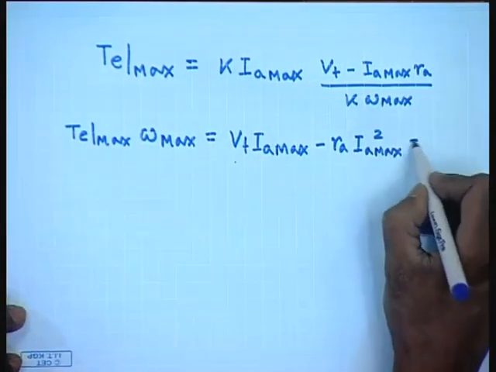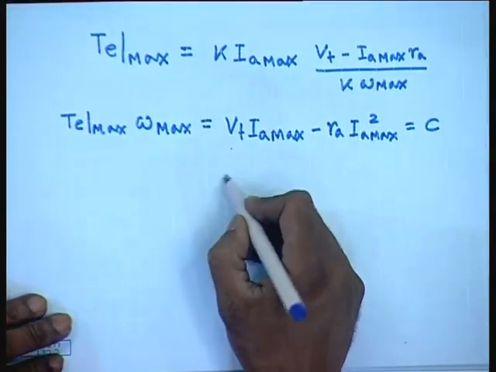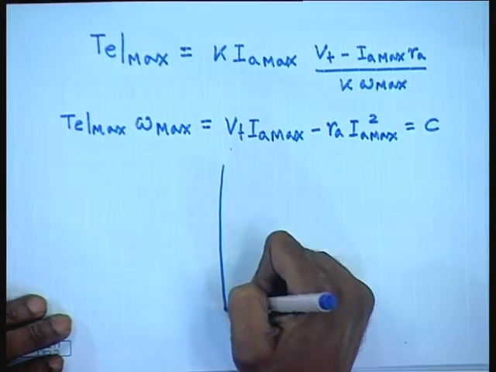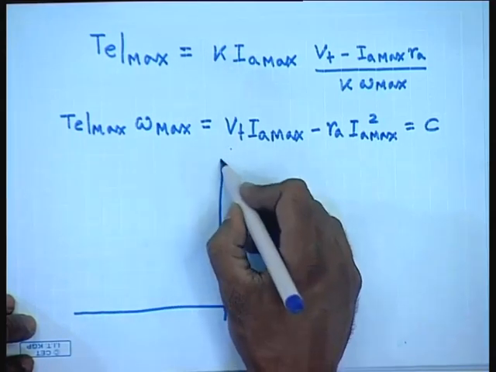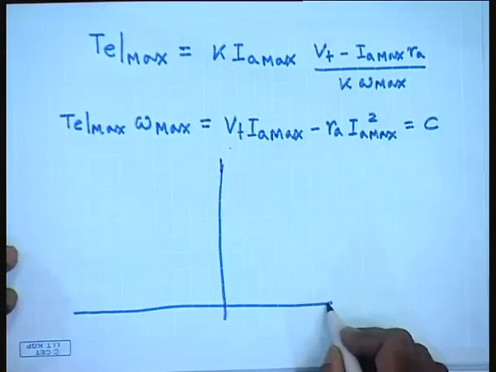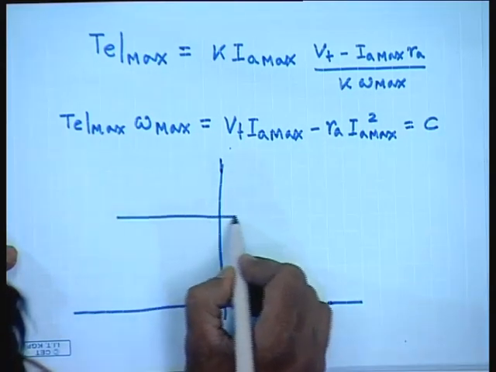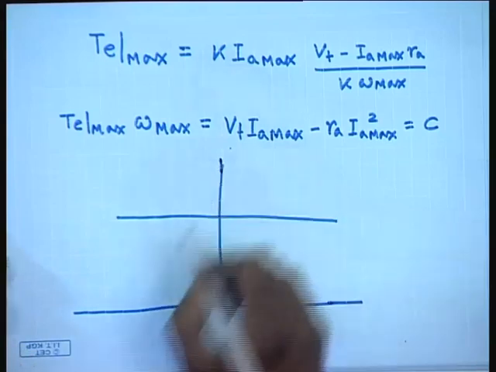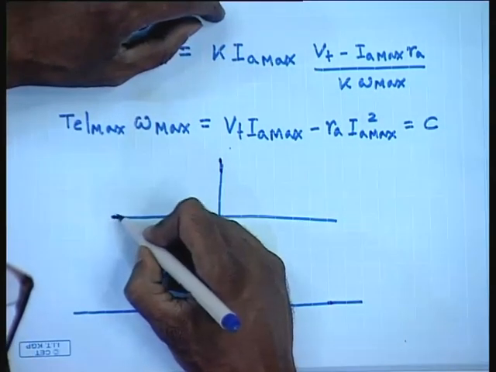That means T E max omega max equal to constant. So, when you reduce field flux, it turns out that within the given armature current limit, the maximum mechanical power that you can develop either in the motoring or in the generating mode is constant.